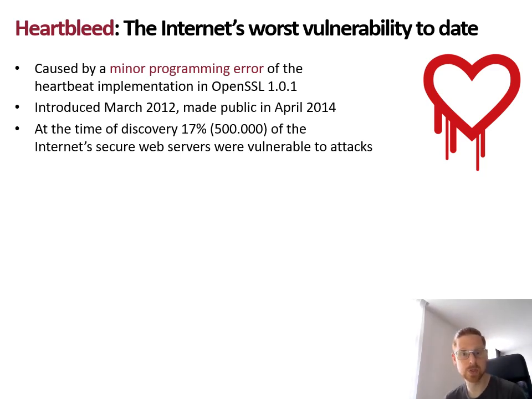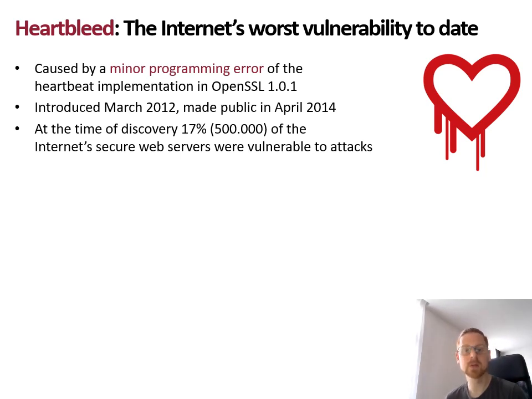And in March 2012, a minor programming error was introduced into this implementation of OpenSSL. It was only publicly made available in April 2014, so that means the vulnerability existed for 2 years before it was discovered and may have been abused by attackers in that period.